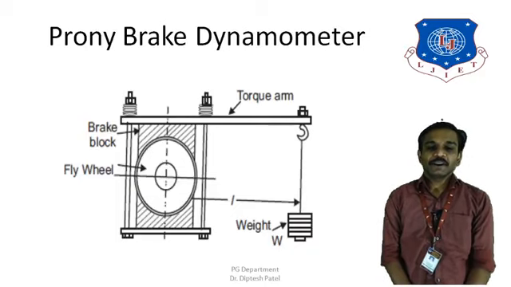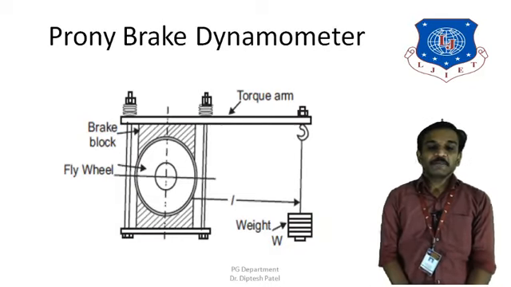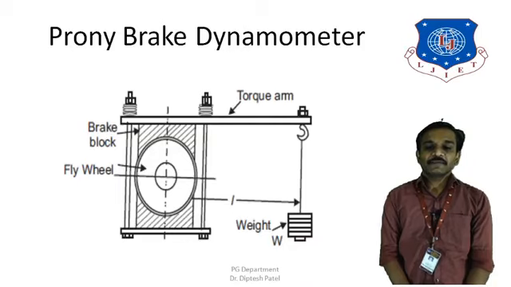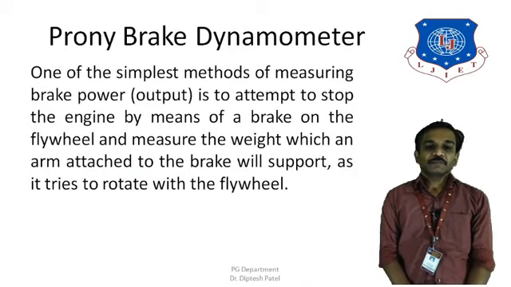The main components are the brake blocks, which are made of wood. Then there is a torque arm and a weight which is kept at one end of the torque arm. The Prony brake dynamometer is one of the simple methods to measure the brake power, and as I said, it's a kind of absorption dynamometer.